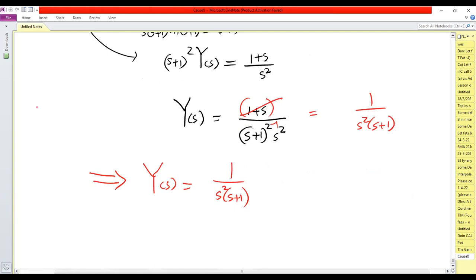Now to be able to get y of u, we now find the inverse Laplace transform of this equation, but then we need to decompose into partial fractions.